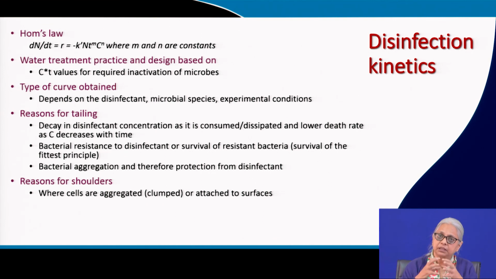They keep multiplying, but they remain in clusters, which we call aggregates. When these aggregates are exposed to the disinfectant, the top level of cells will be exposed, but the internal cells that are part of the aggregate are not going to be exposed because they are protected by the other cells. So that is one reason that you get survivors.